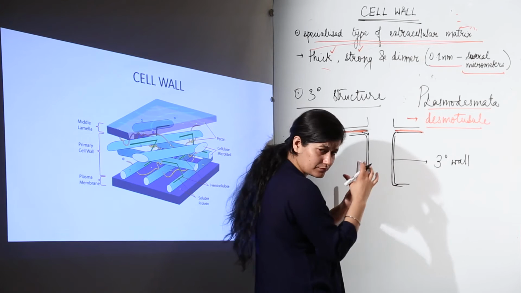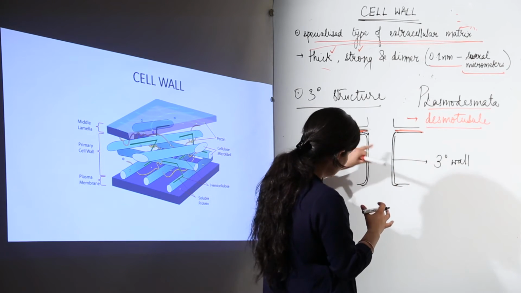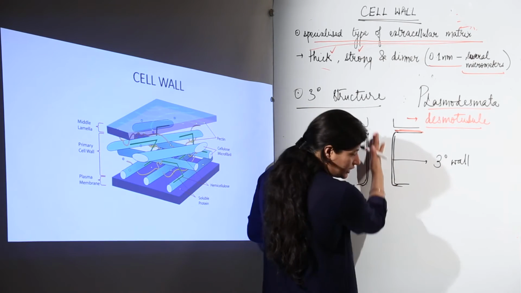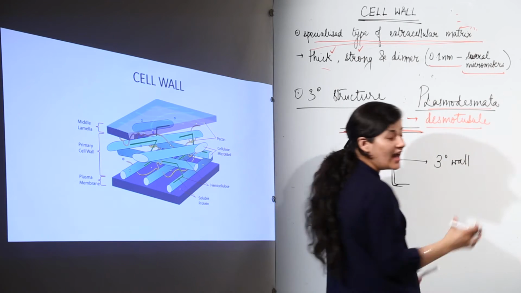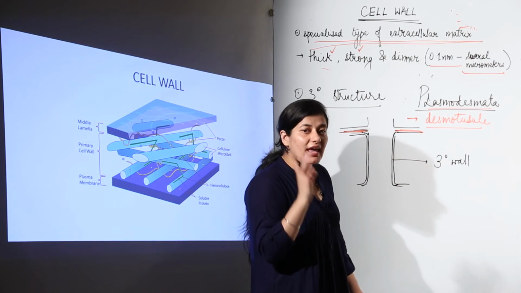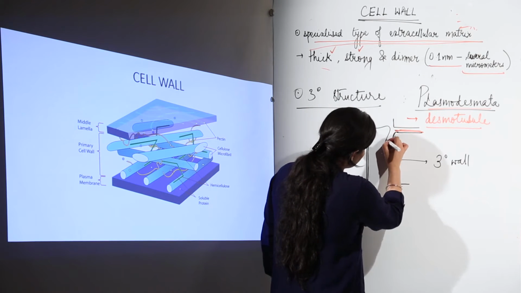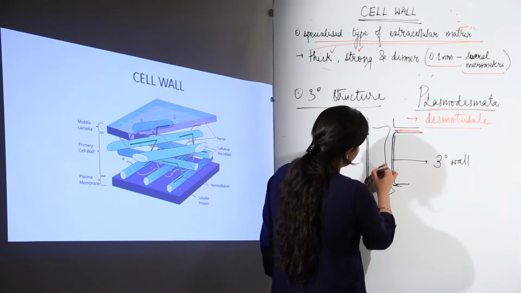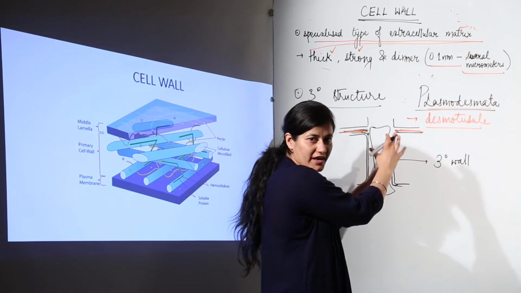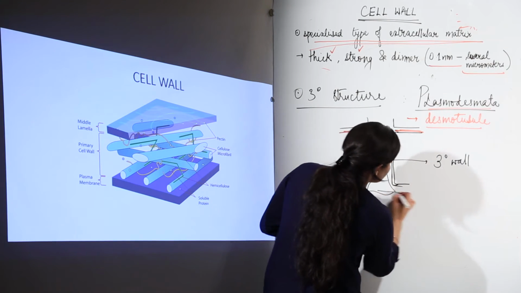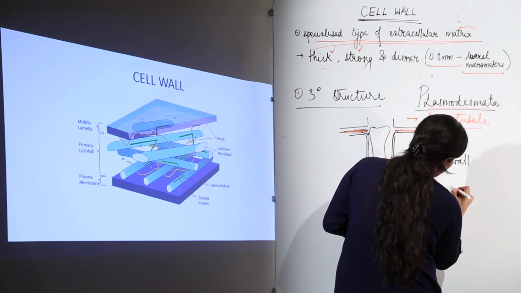This particular arrangement of the plant cell, this particular passage, is known as plasmodesmata, and it represents the secondary wall. Now, apart from that, there is at times an endoplasmic reticulum residue present inside it, and that is known as desmotubule.